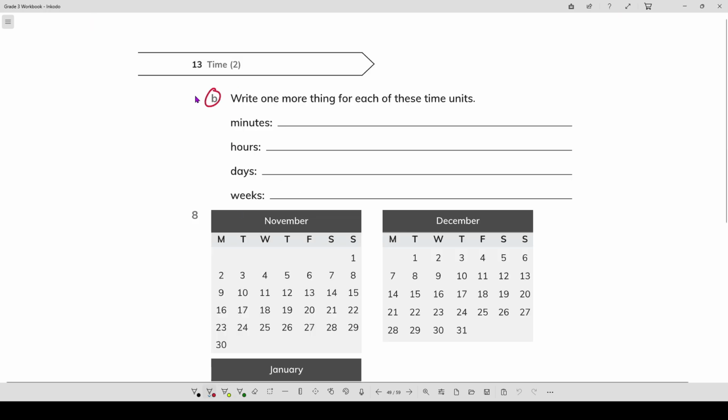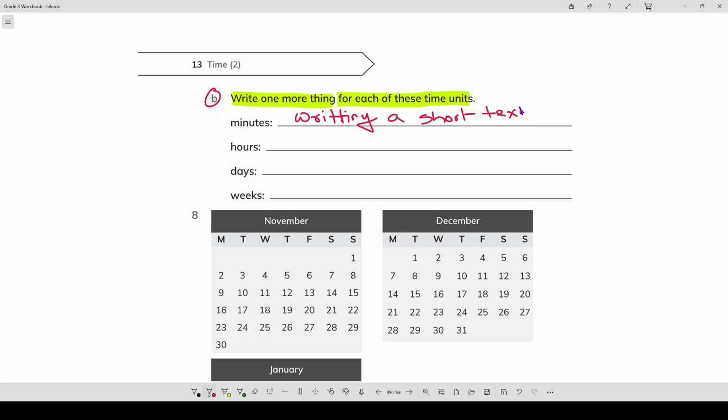7b. Write one more thing for each of these time units. Minutes, like writing a short text message. Next, hours, it can be watching a movie.